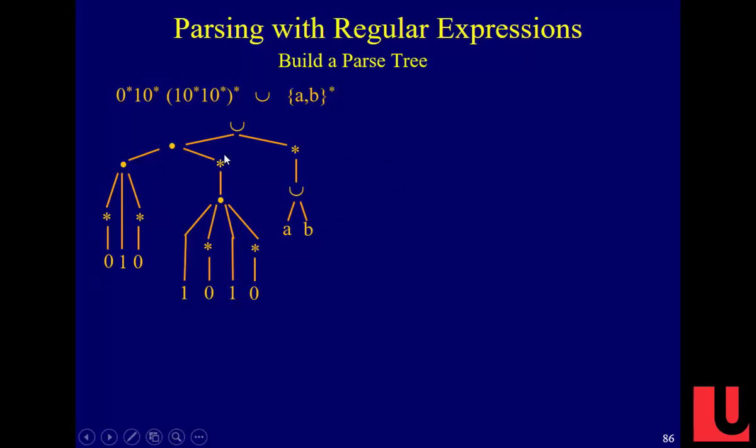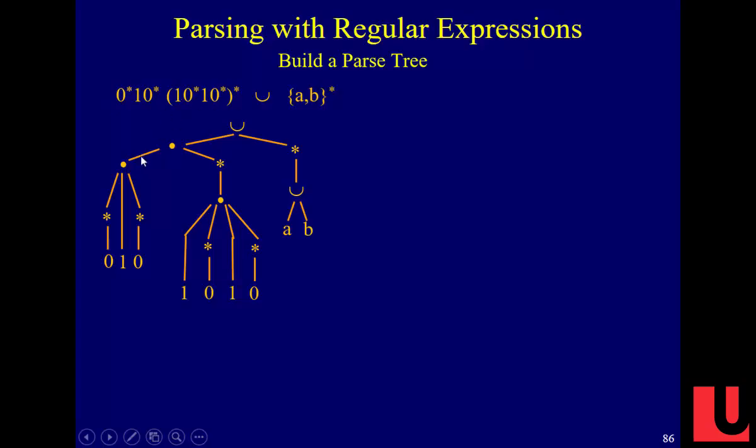And a star. In some ways I'm parsing this regular expression. You have to know how you would parse it, how you would put in brackets. Well, the union goes last. Then on this side we have the concatenation of two things, this bit and this bit.